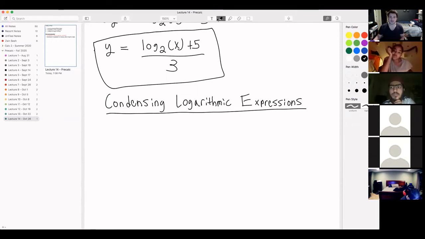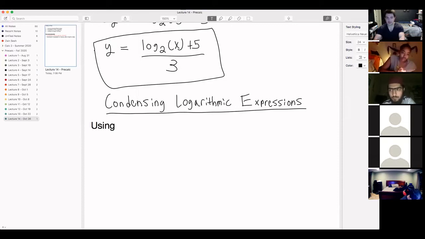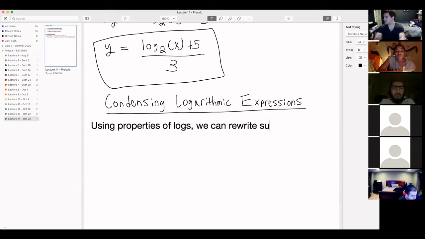Okay, so let me just type what we'll be doing here. Using properties of logs, we can rewrite sums and differences of logs as a single logarithm.